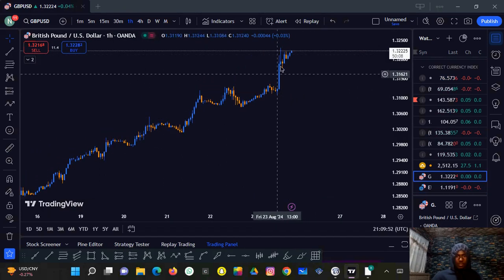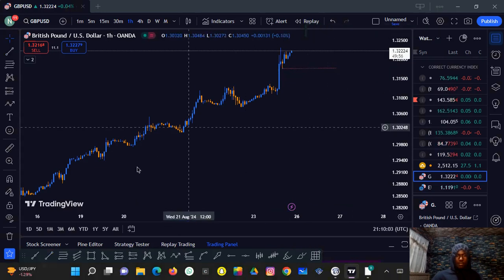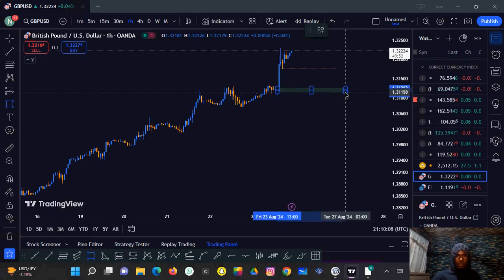GBP USD is also facing the same thing. And there is also a nice pullback here. It can be our inducement to then draw our order block here.